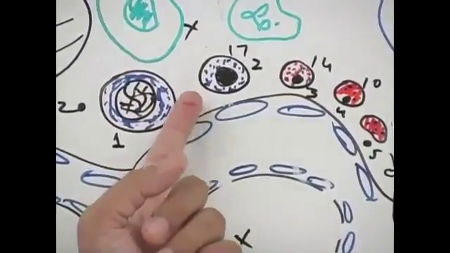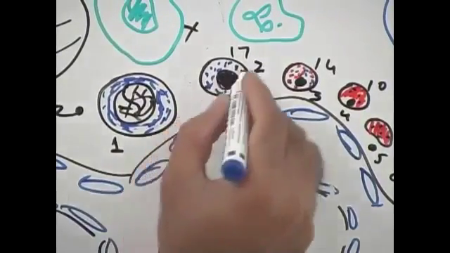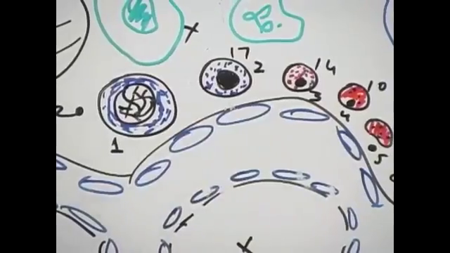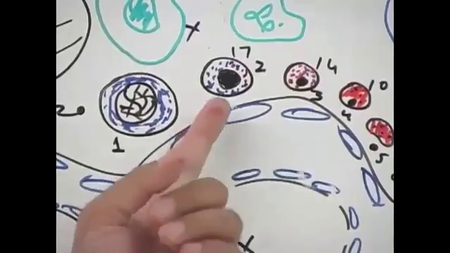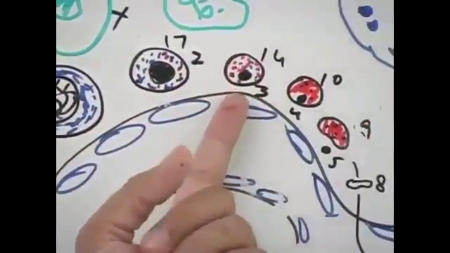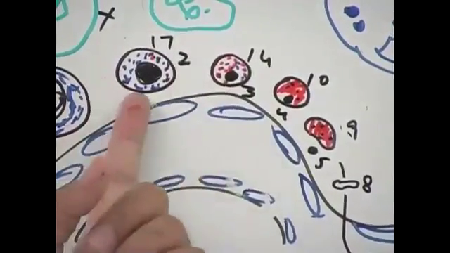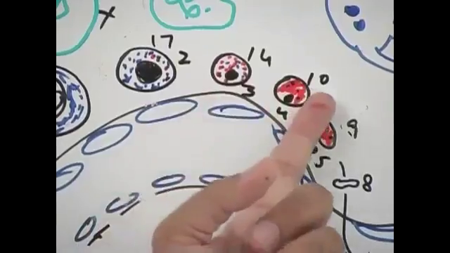Early normoblast has basophilia, heavy basophilic cytoplasm, and very little hemoglobin, almost non-existent, and this nucleus has condensed a little bit. Then in the next stage, it is intermediate normoblast or normocyte. This is early, this is intermediate, this is late.